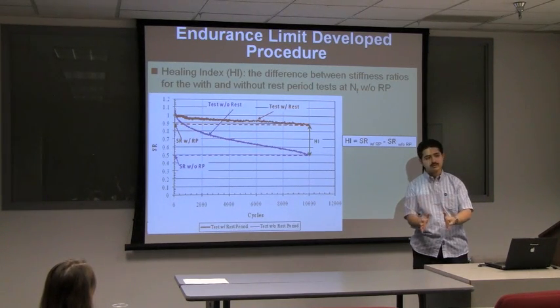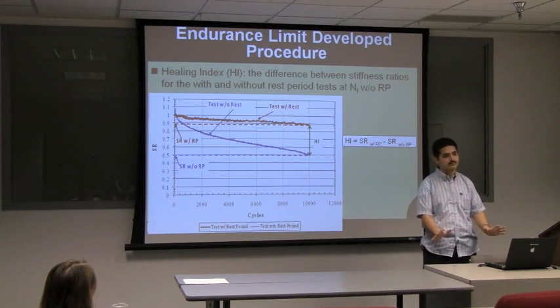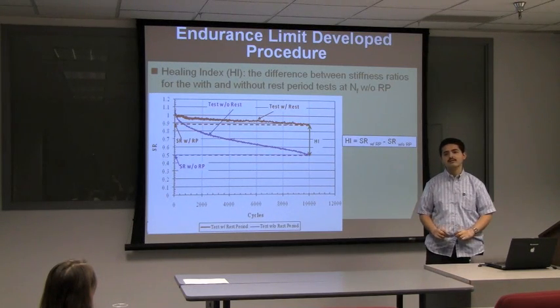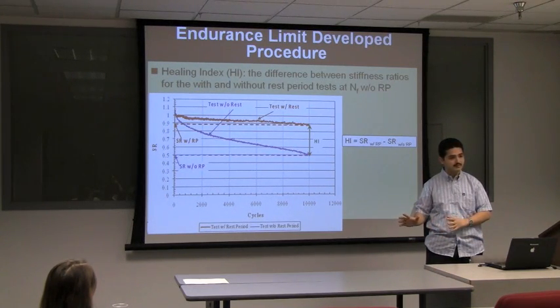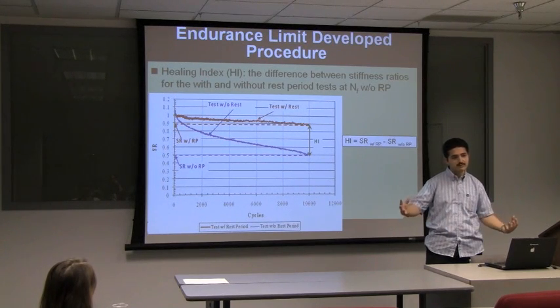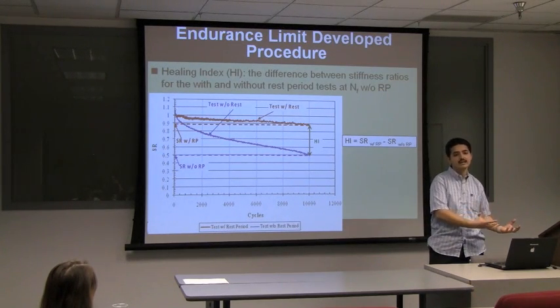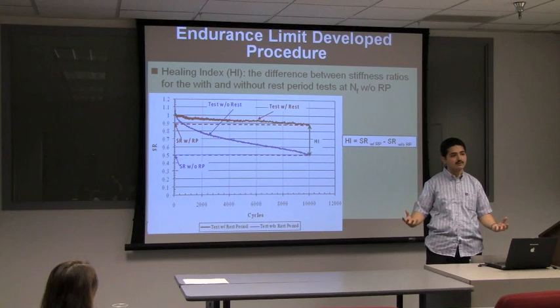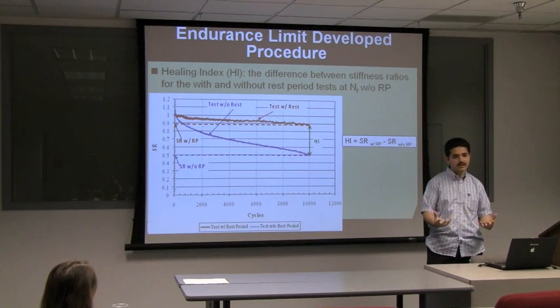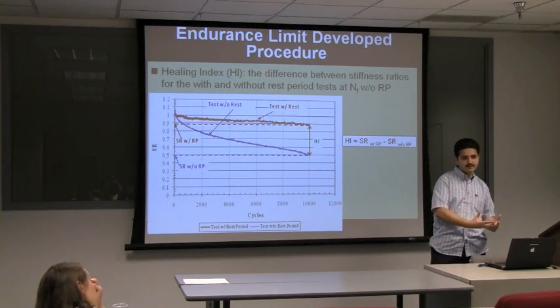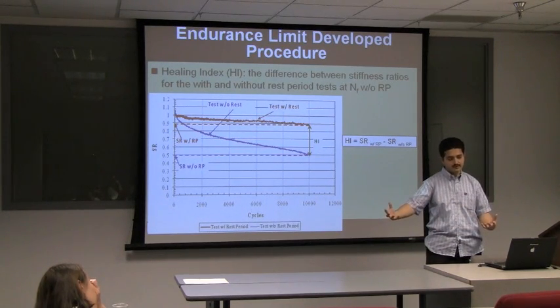They either studied healing by itself, to understand it very well, or tried to get the endurance limit by itself. But they are not acknowledging that healing is the main factor, or the main effect, of the endurance limit. So the main idea here was to combine these concepts together. How can I combine the healing concept with the endurance limit concept?